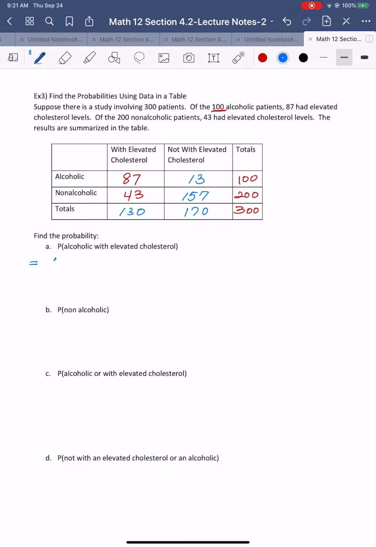So let's put it this way: the number of patients who are alcoholic and have elevated cholesterol, and divide by the total patients.